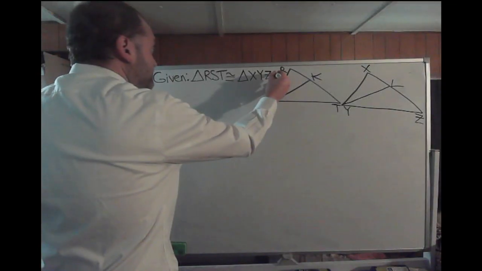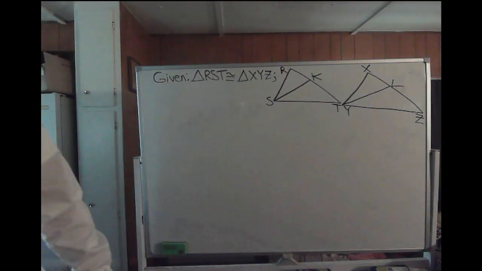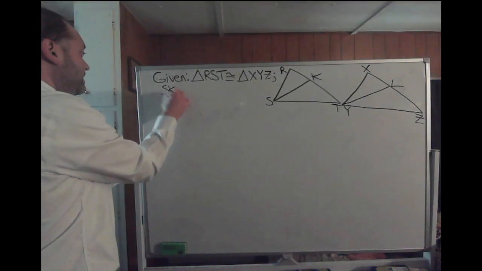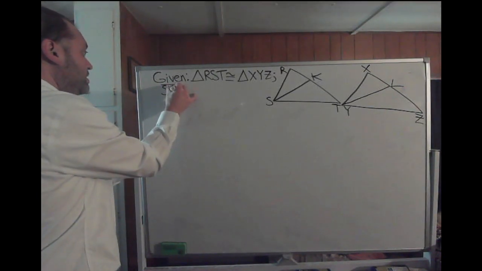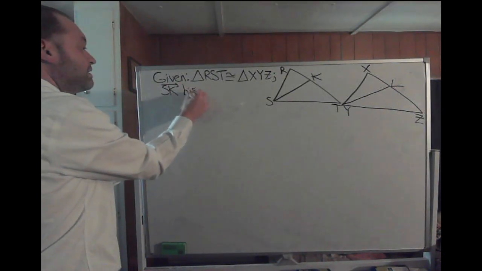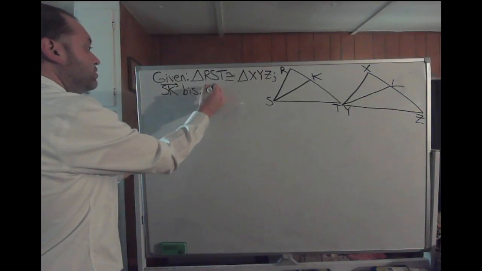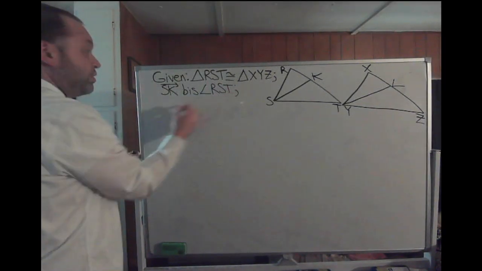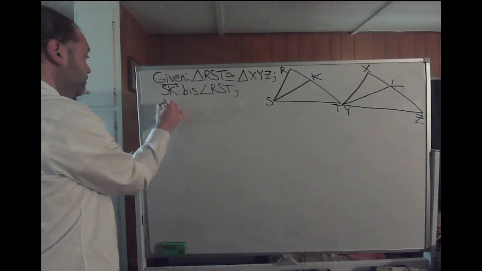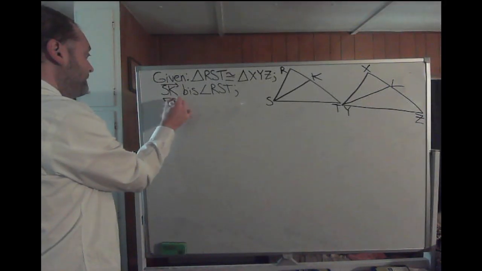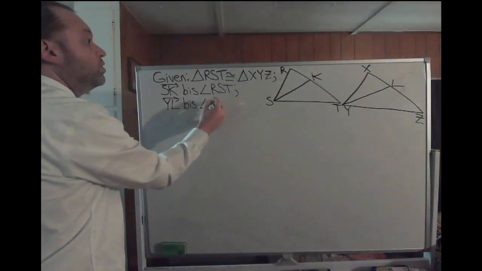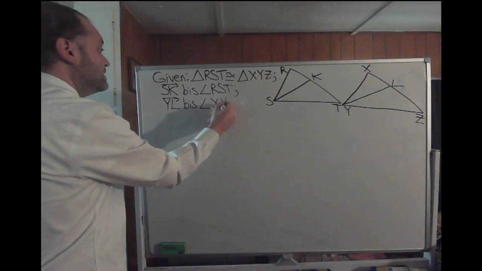We're also given some more information. We're given that ray SK bisects angle RST. We're also given that ray YL bisects angle XYZ.